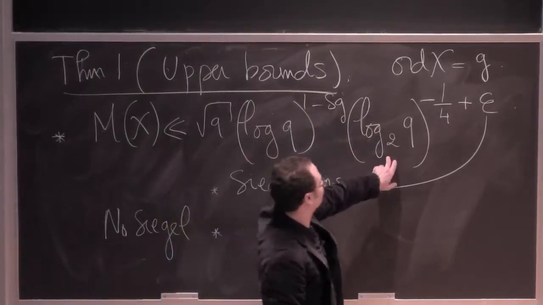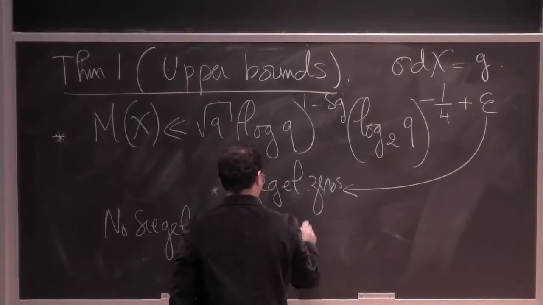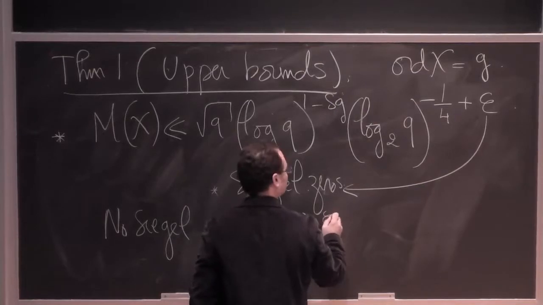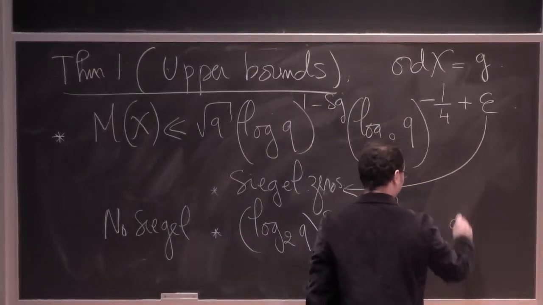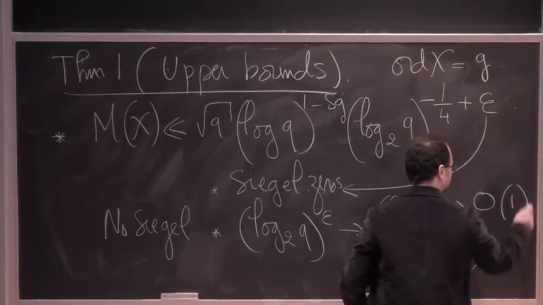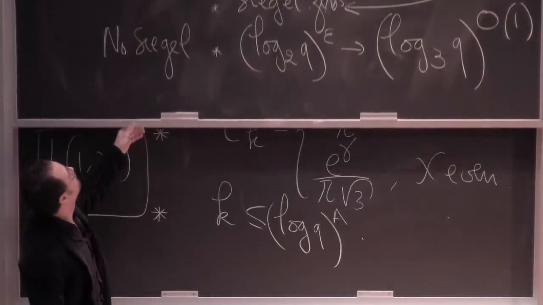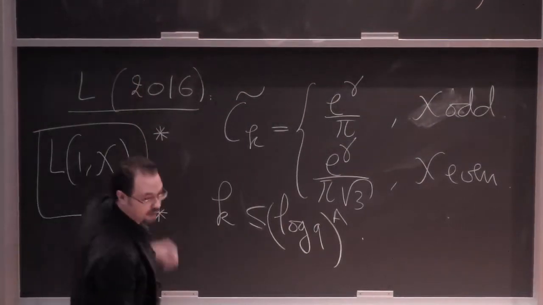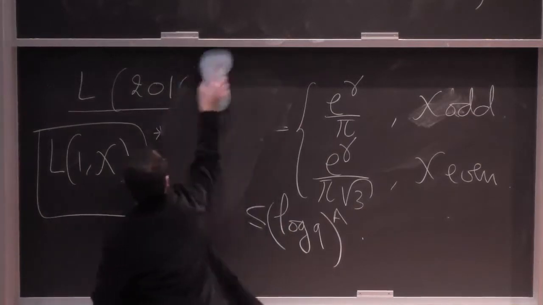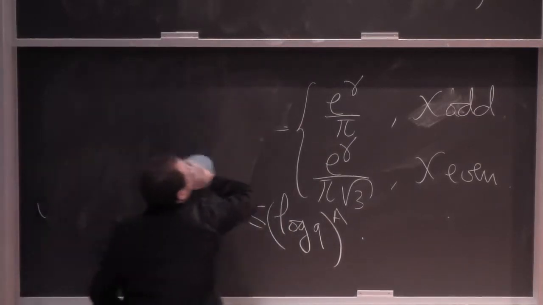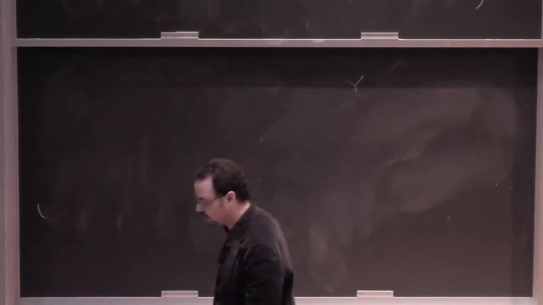You can replace this log 2q to the power epsilon by a power of triple log q, which is much smaller. Okay. And again, the conditional result will be that everything gets scaled from q to log q. So whenever you see a double log, it should be a triple log, and so on.